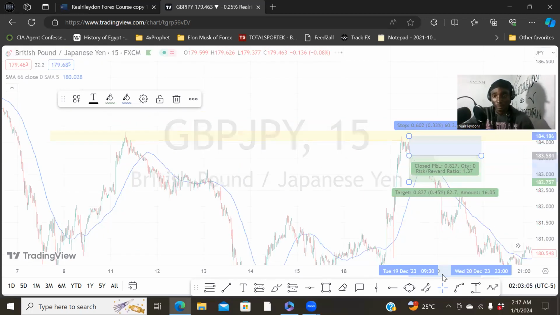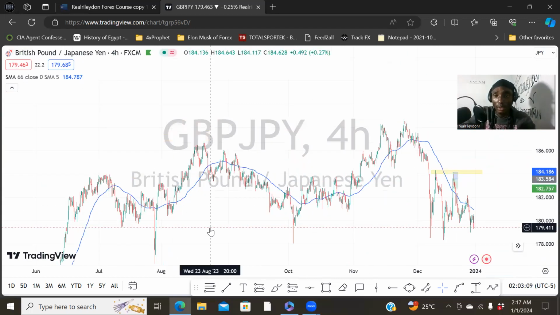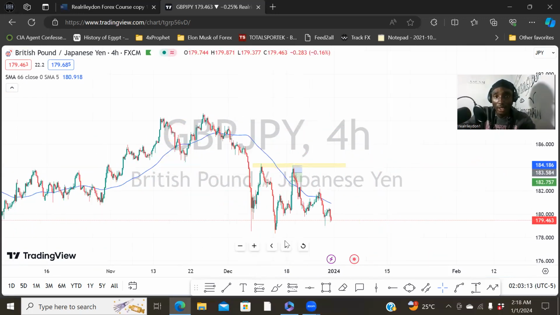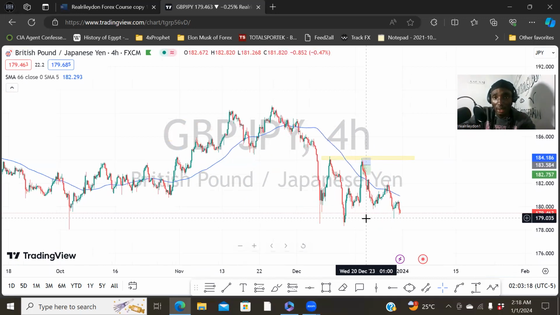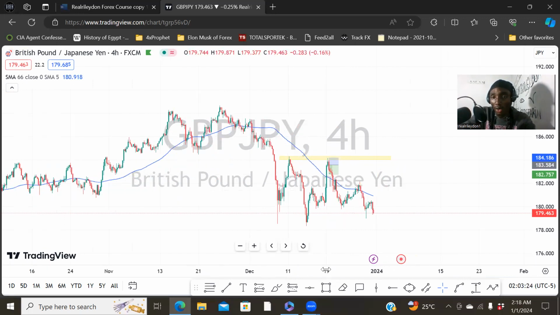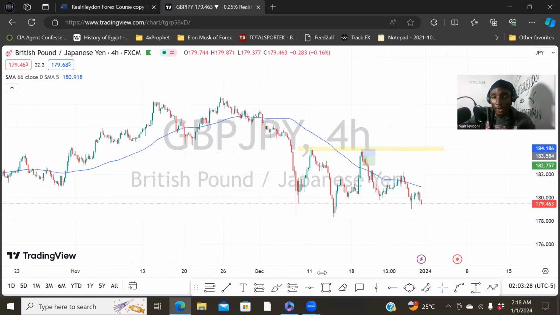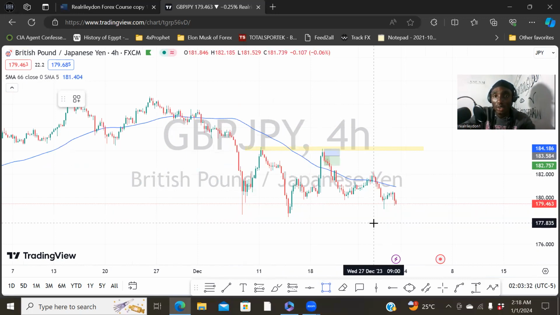Now, given that we entered this trade on the base of a 4-hour resistance, we look to exit the trade at a 4-hour support zone.